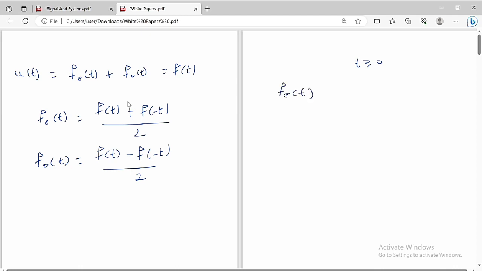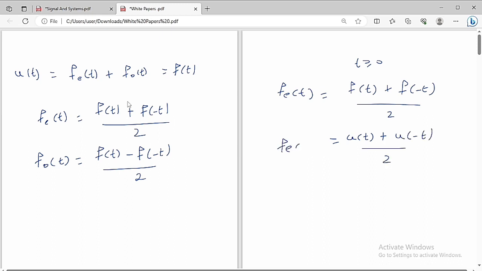So for t greater than or equal to 0, I will try to find the even value of the function: f of t plus f of minus t by 2. F of t is nothing but u of t, and f of minus t is nothing but u of minus t, divided by 2. This is the even part. Suppose t is equal to 1. What are you going to get? F of 1 is equal to u of 1 plus u of minus 1 by 2. So u of 1 is 1, u of minus 1 is 0, by 2.